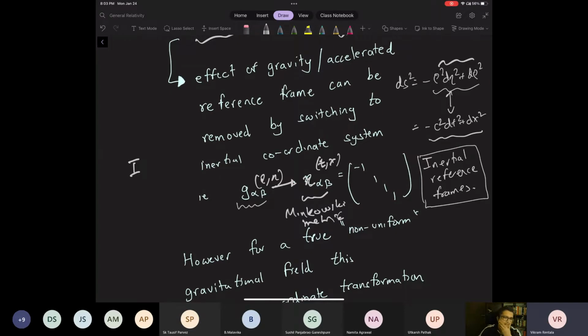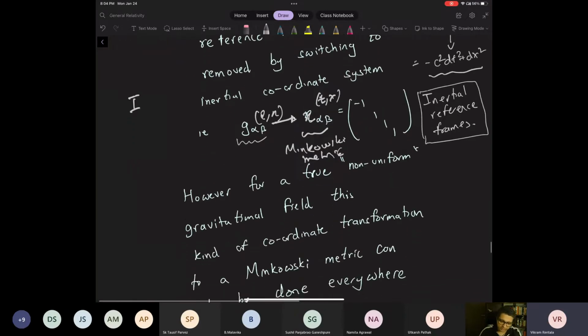However, this is not true when you have non-uniform gravitational fields. Those non-uniform gravitational fields are what we should really think of as genuine gravitational fields, as opposed to these fake gravitational fields, which are caused by uniformly accelerating frames of reference.